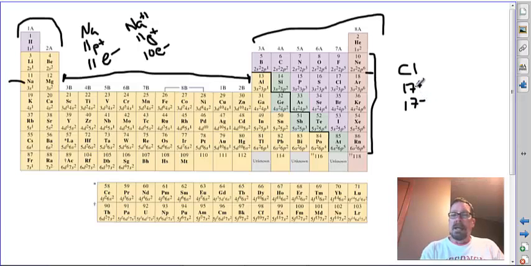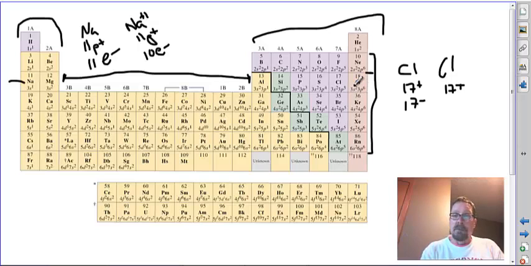This number can't change, so it will always stay at 17 protons. Now, the decision is, here I have 7. If I pick up 1 electron, I can have a filled shell, filled octet, and simulate the noble gas configuration of argon.